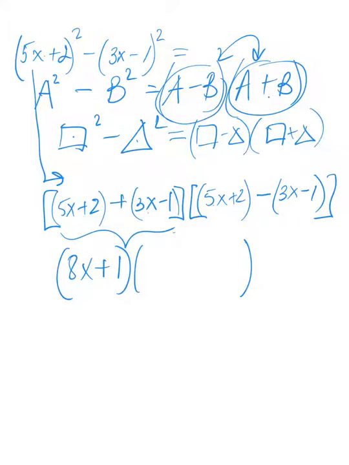So it's 5x minus 3x, which is 2x, and then plus 2 minus negative 1. So it's 2 plus 1, so it's plus 3. This is it. We factor it. Much easier than going back and imagining if you square this, then you have to subtract anyway. And there are many mistakes possible on the way.